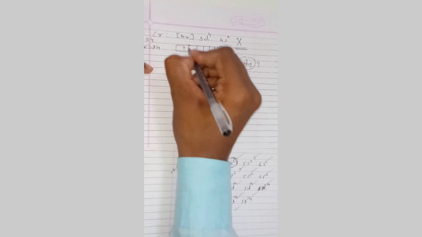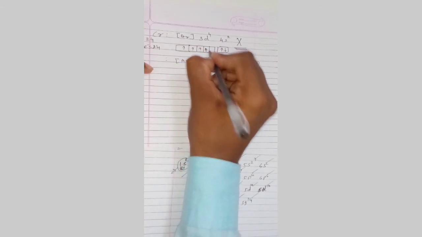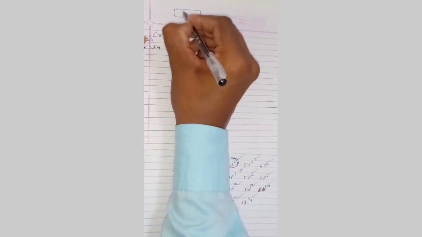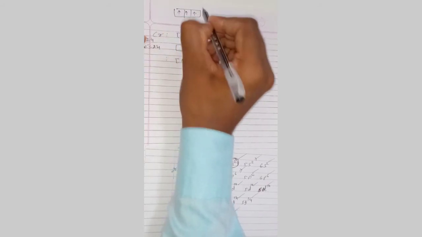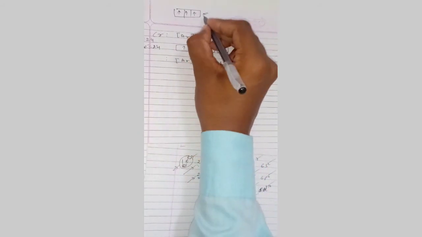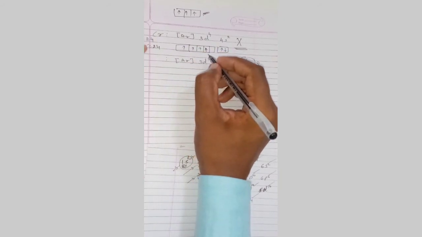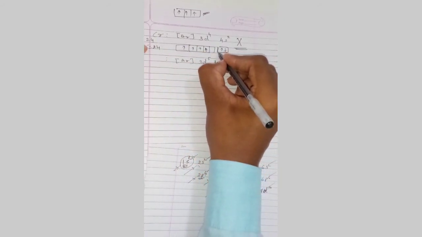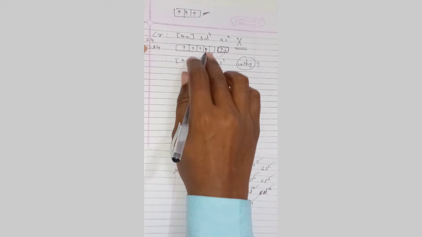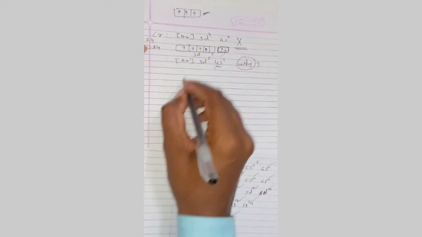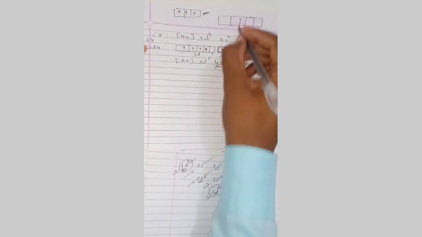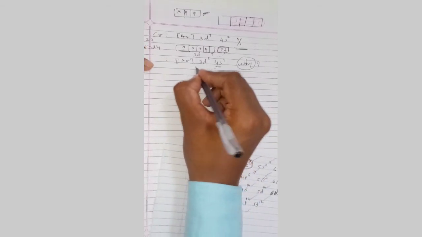So if a fully filled or half filled orbital has extra stability, then to gain extra stability one electron from the 4s orbital shifts to the 3d orbital, and it becomes more stable.